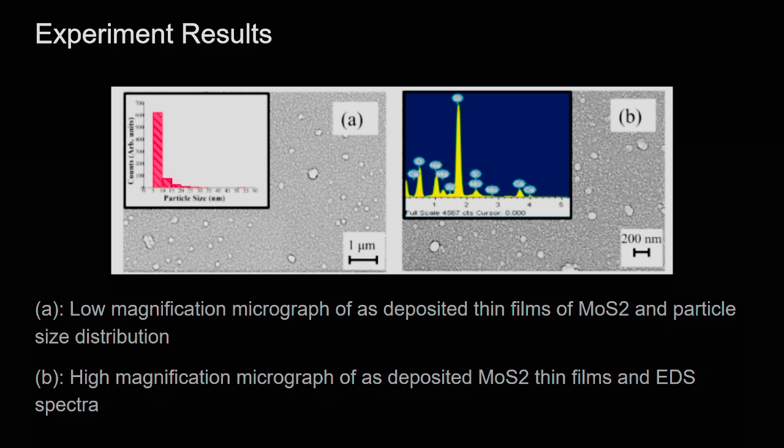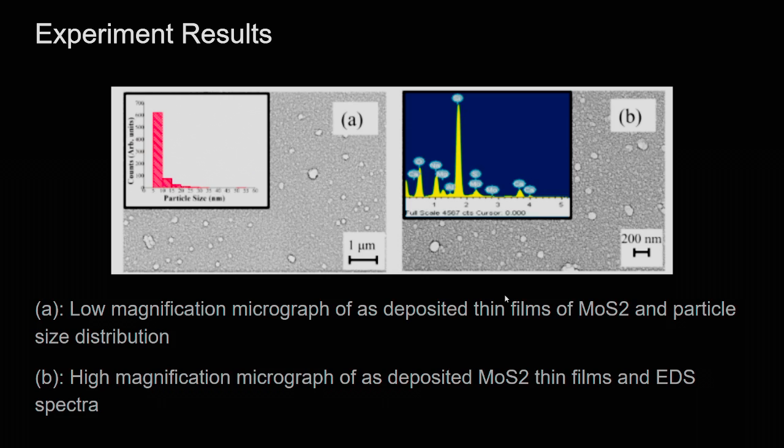On the left image, we have a low magnification micrograph of the deposited thin films of molybdenum disulfide before the annealing process, and another graph inside of that image showing its particle size distribution. You can see in the particle size distribution graph that the particles maintained a particle size between 5 to 10 nanometers.